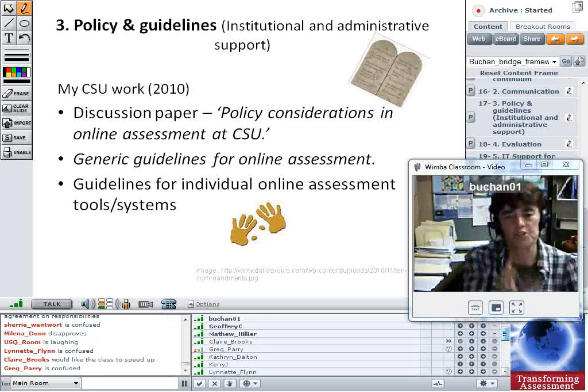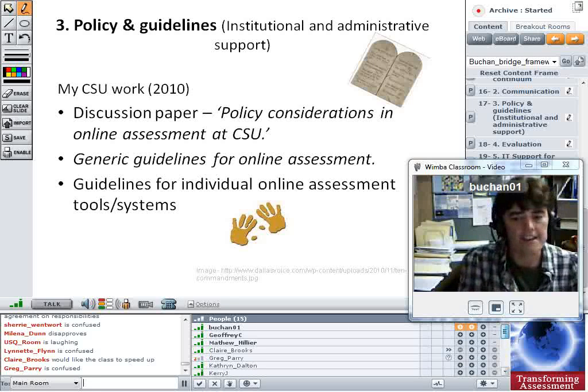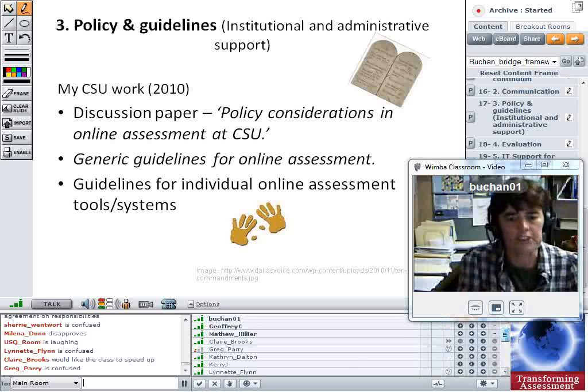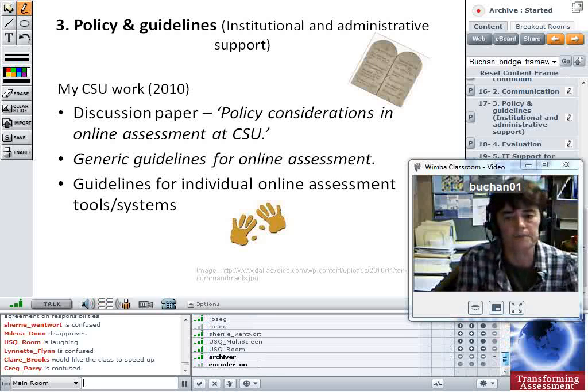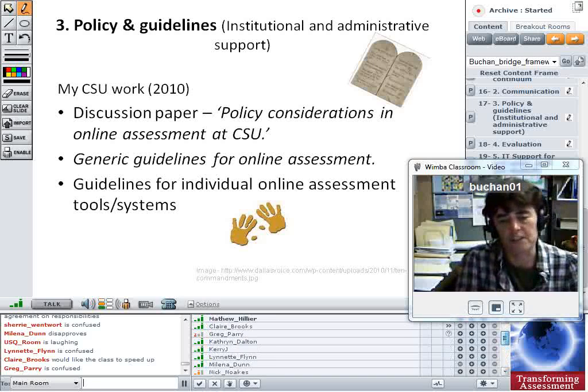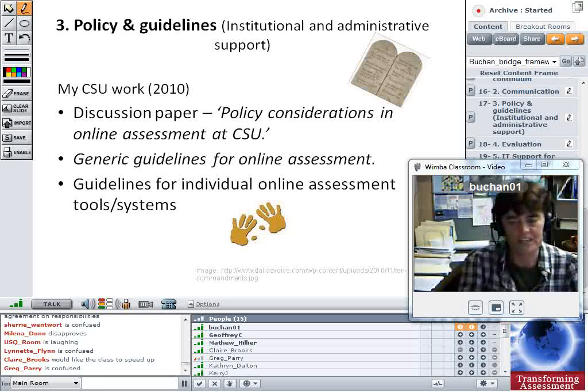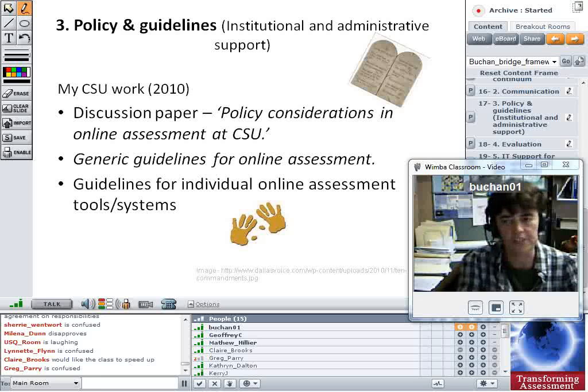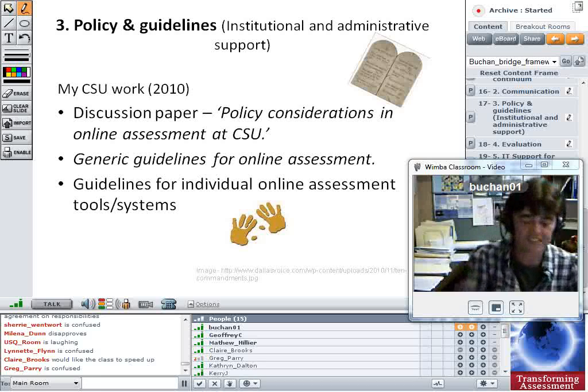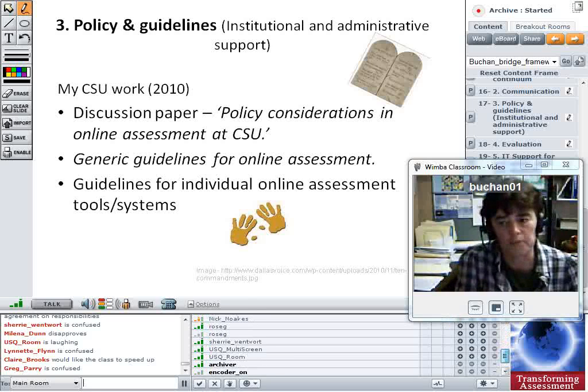And I guess what it comes down to is that as far as policy and guidelines go, I recently went through the CSU assessment policy to see whether or not it covered everything that we needed for online assessment. It wasn't part of any formal thing, except that I know there's a real need for it, as our technology is rapidly speeding ahead of where our policy lies, and that's, I guess, standard.